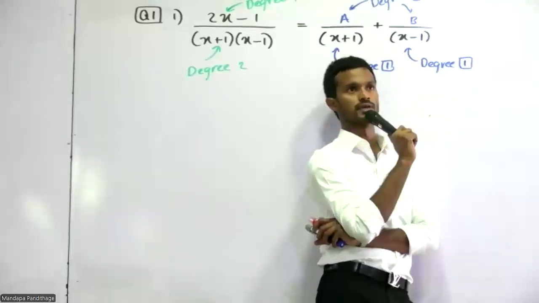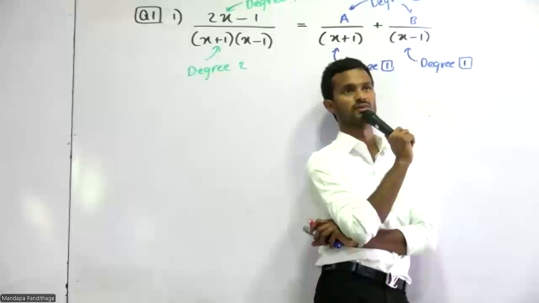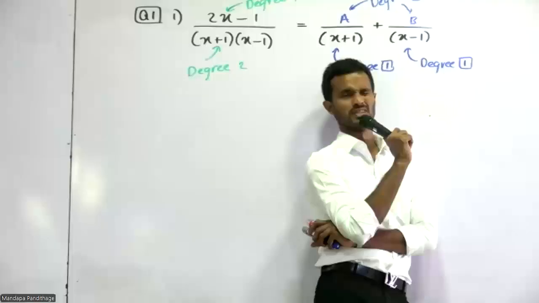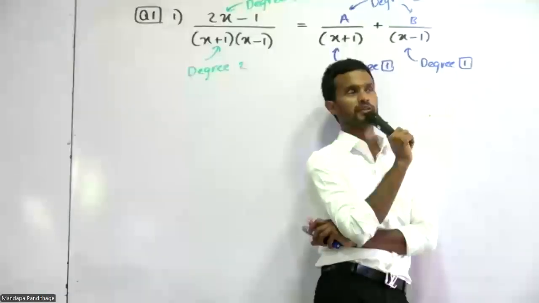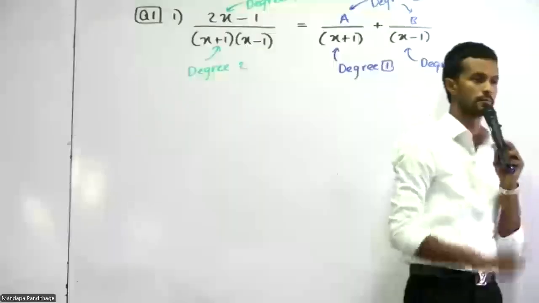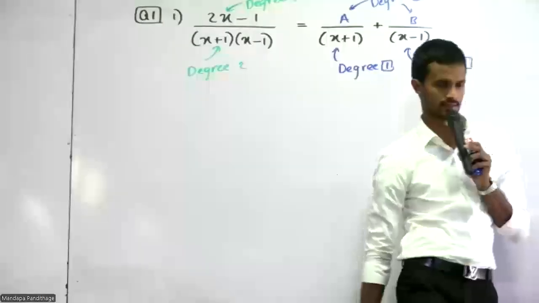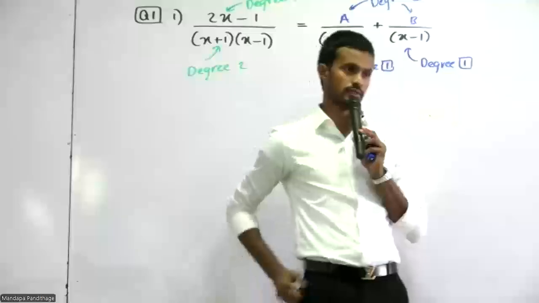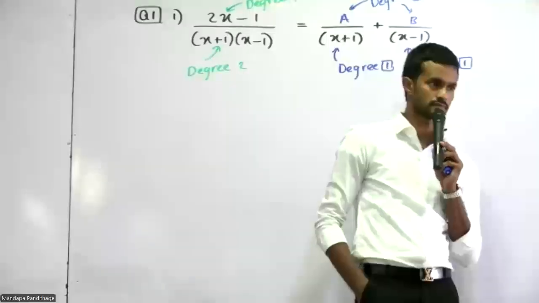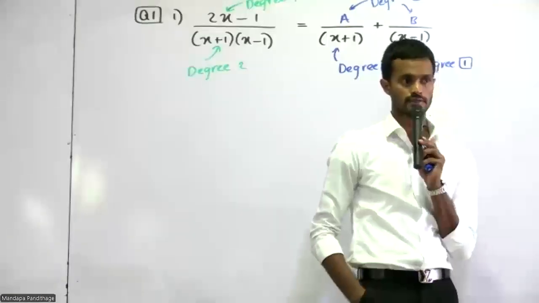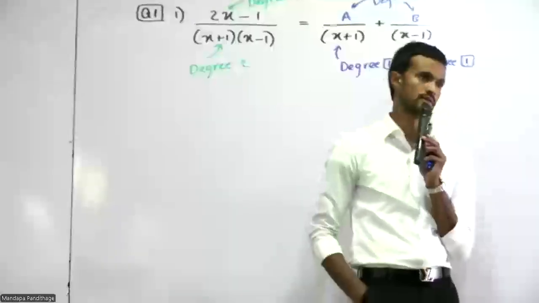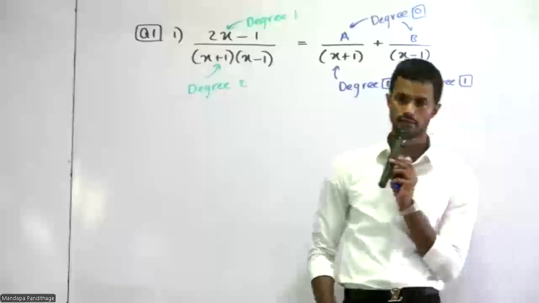Under that, the first one, you can either number it or put a bullet or dash. The first step: the denominator should be completely factorized.